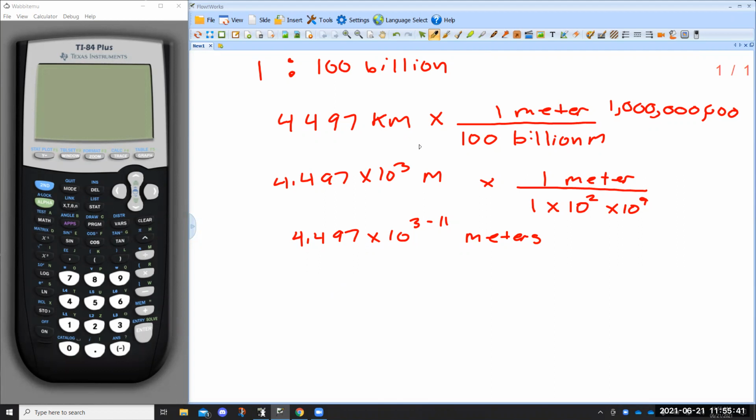Oh, this is not 3. This is 3 times 10 to another 10 to the 3rd for the kilo. So this is going to be 6 minus 11. This is going to be 4.497 times 10 to the negative 5th.